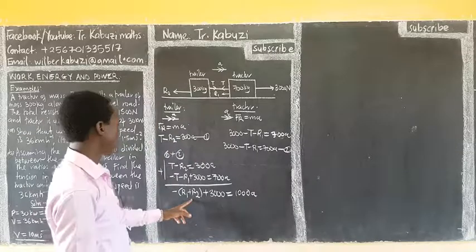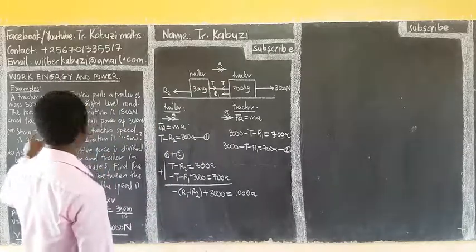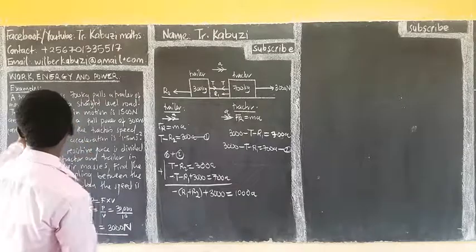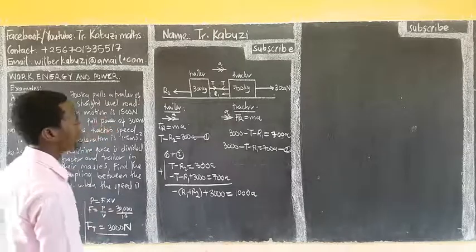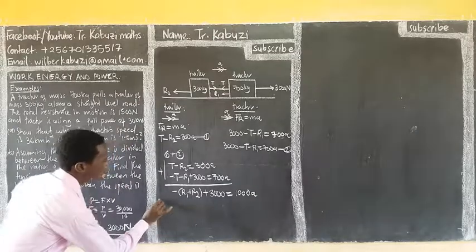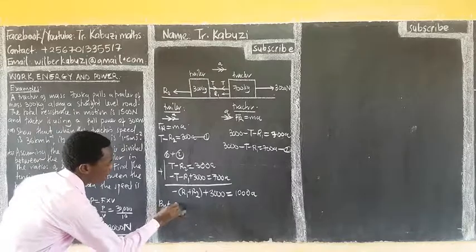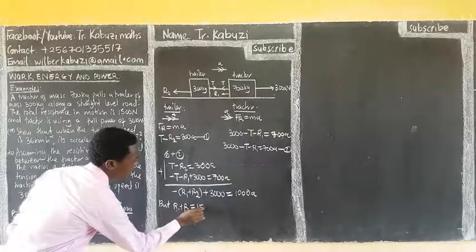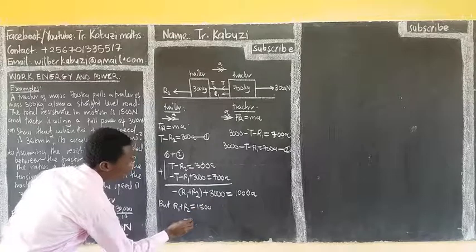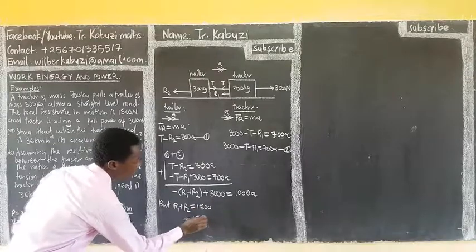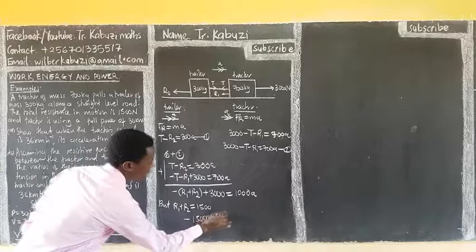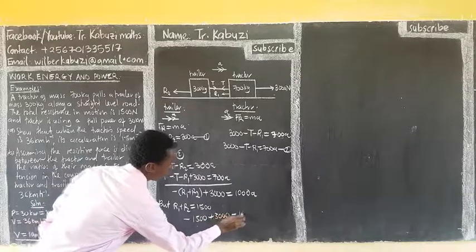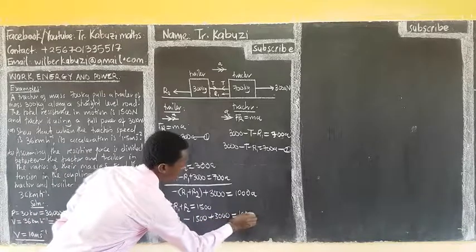But remember, they told us that the total resistance in motion is that. R1 plus R2 is going to be 1,500. So we put it there, 1,500 subtracted from 3,000 gives us 1,500.